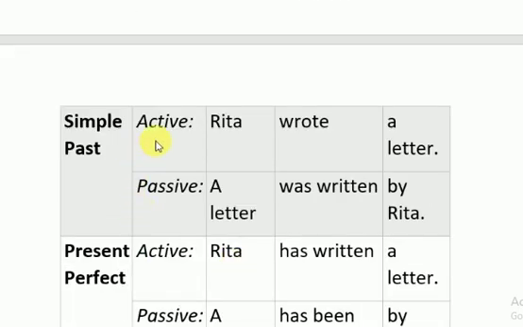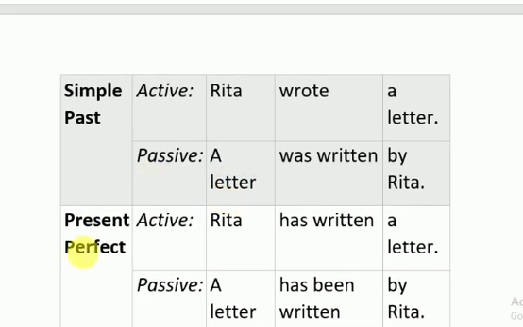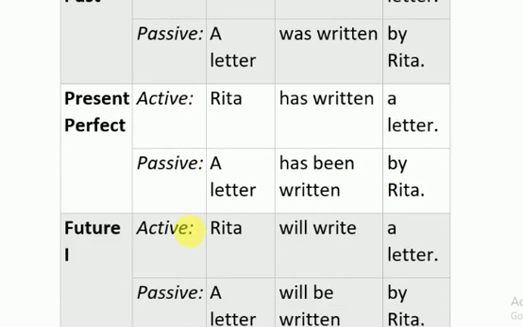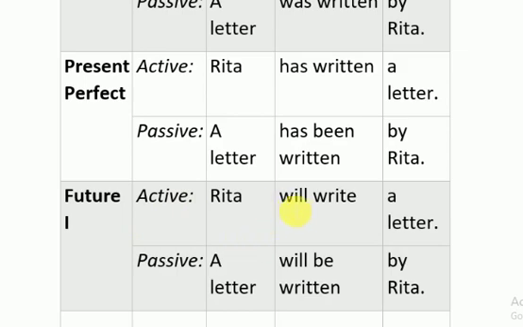So here is the example that shows you how the passive and the active change. You have here the simple past, of course, active: Rita wrote a letter. The passive: a letter was written by Rita. The present perfect: Rita has written a letter; a letter has been written by Rita. The future: Rita will write a letter; a letter will be written by Rita.